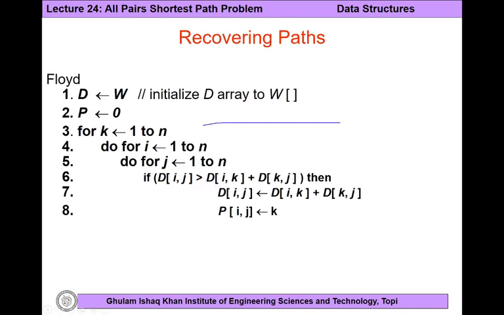All of this algorithm works in order of n cross n cross n, right? Bracketing order of n cross n, which is basically n cube. So this is quite an efficient algorithm, right?